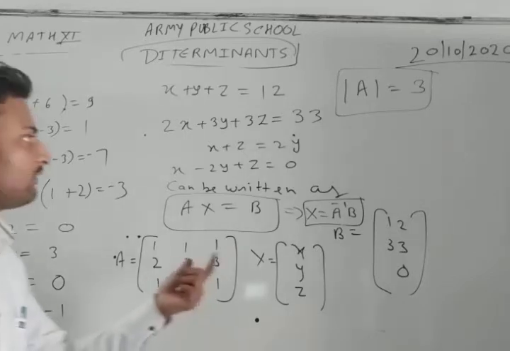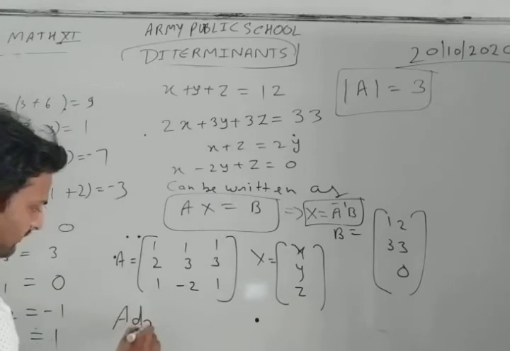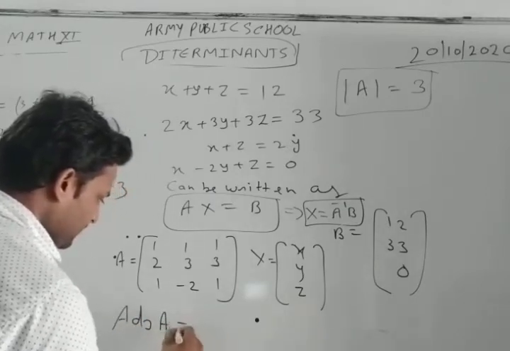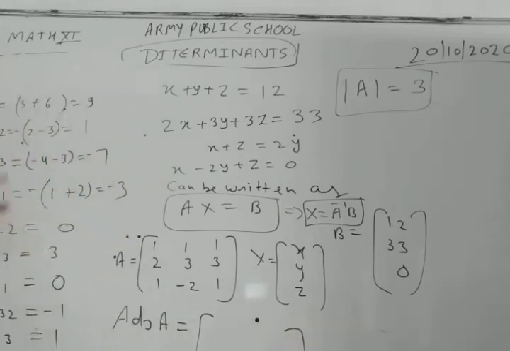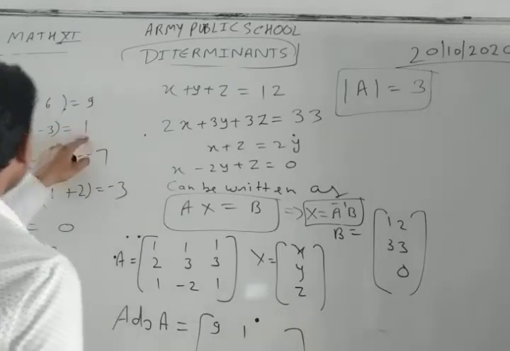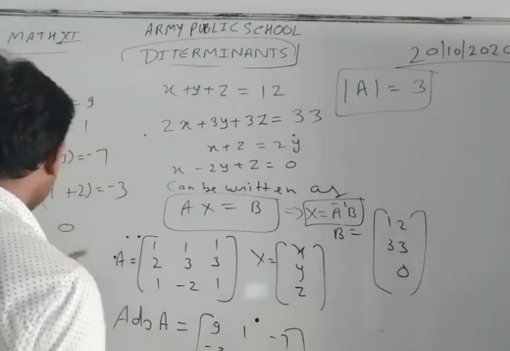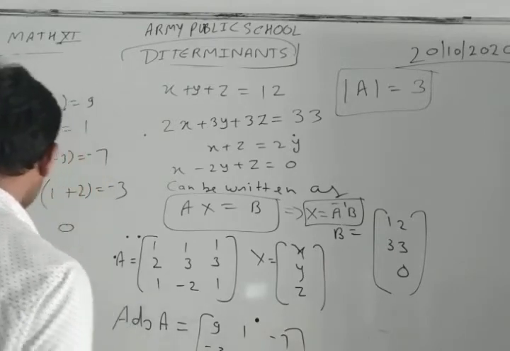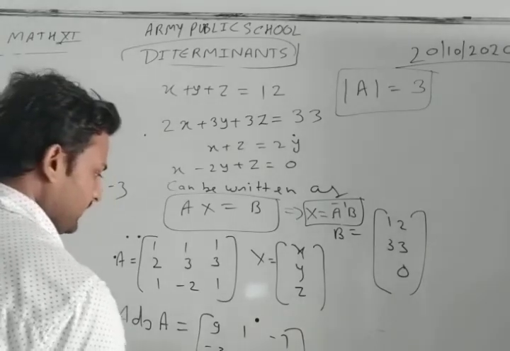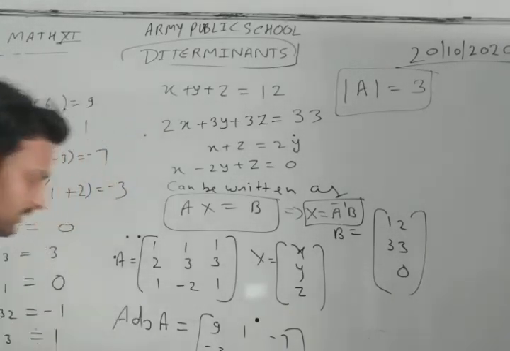Now we write the adjoint of A as our cofactors: 9, 1, minus 7, minus 3, 0, 3, 0, minus 1, 1.